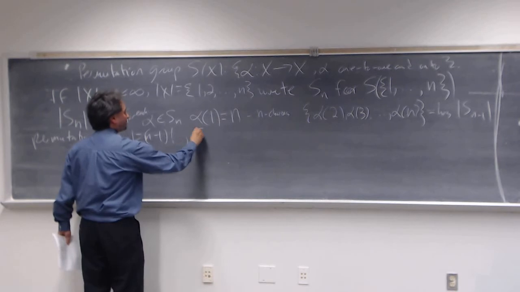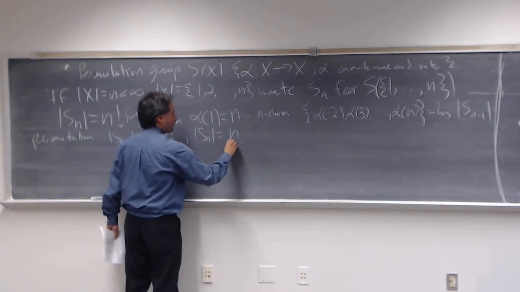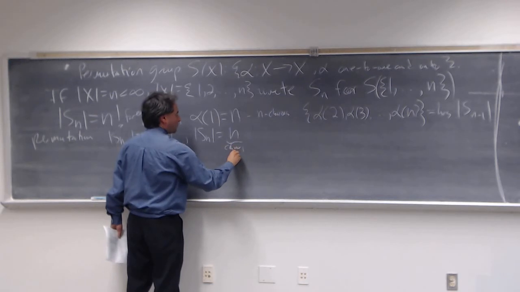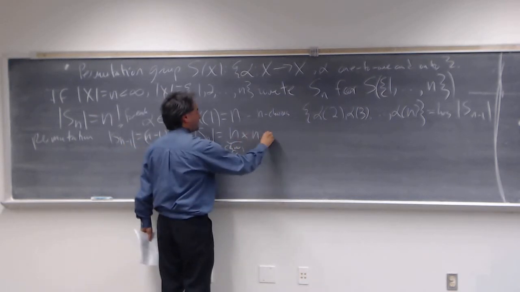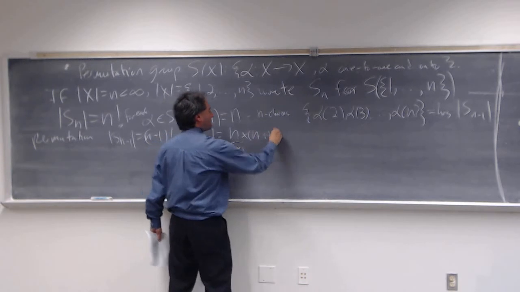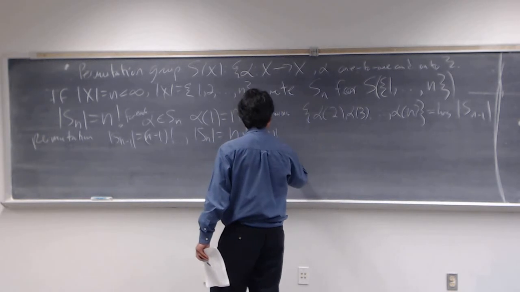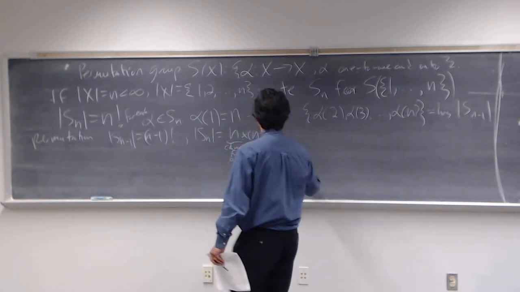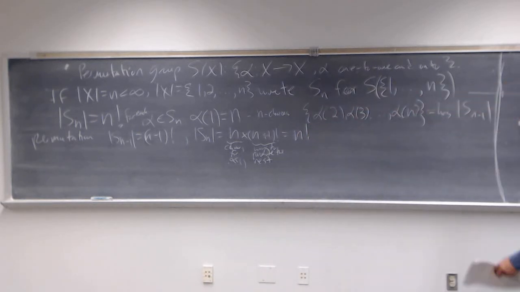So the order of Sn is you have n choices for what to send alpha 1 to, and then times n minus 1 factorial ways to permute the rest. And that's just n factorial. So that's a sketch of it by induction. Certainly for a one-element set, the only permutation is just the identity permutation.